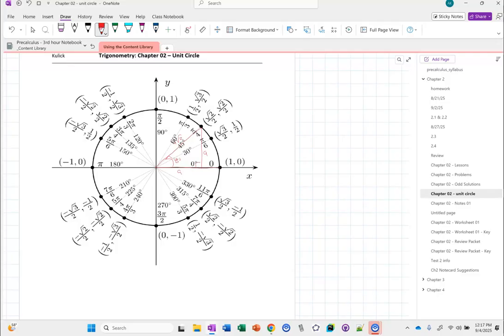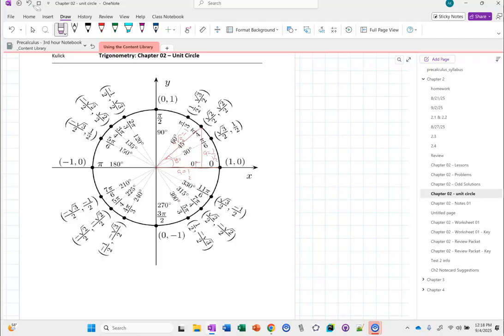And this coordinate would be, well, if we standardize this to 1, that means that A would have to be 1 over root 2. So this point is 1 over root 2 comma 1 over root 2. And when we rationalize the denominator, we get root 2 over 2.